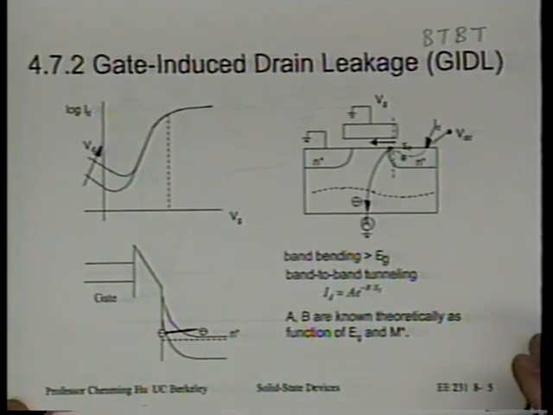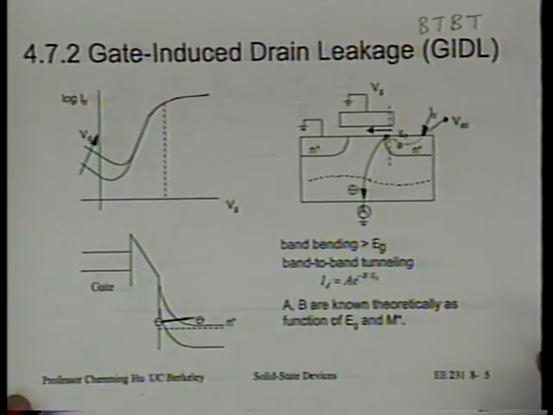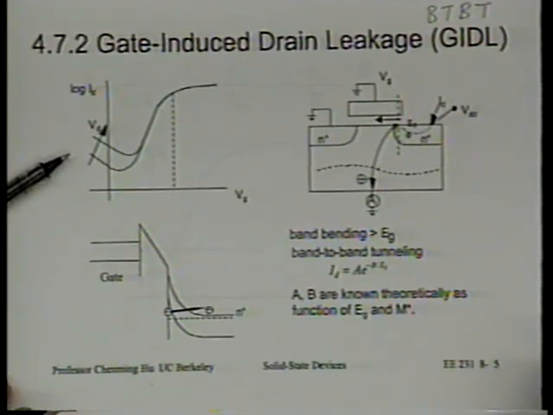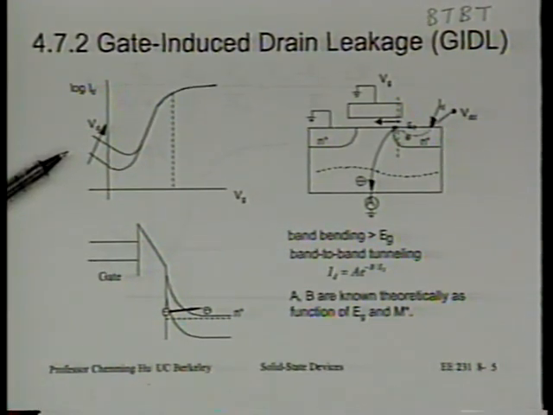This leakage current is observed in this case, and I think that is why this particular textbook introduced this topic right after subthreshold current. It's a reasonable way of organizing the topic. In a sense, it is also a subthreshold current, although people do use these two terms to refer to two different mechanisms.